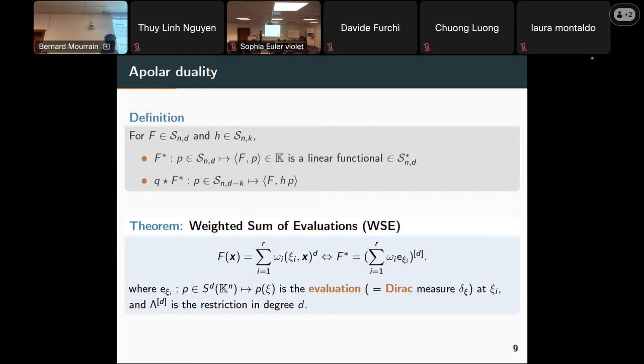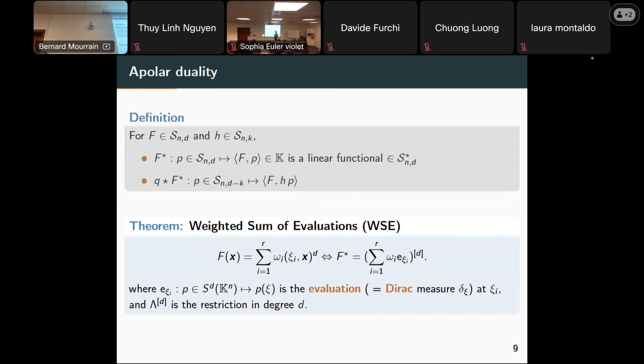When we are given an element F in S_d, and given this apolar product, we can define a dual element living in the dual of S_d. So it's a linear form from S_d to K, a linear functional living here in the dual.